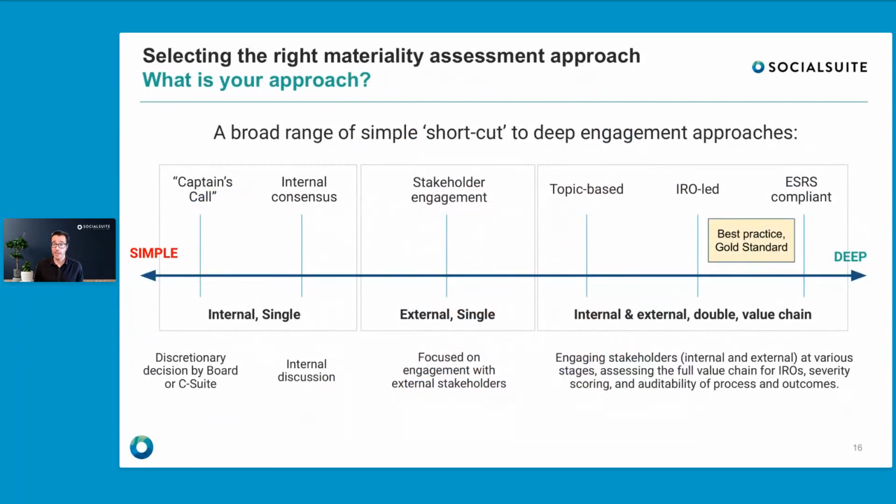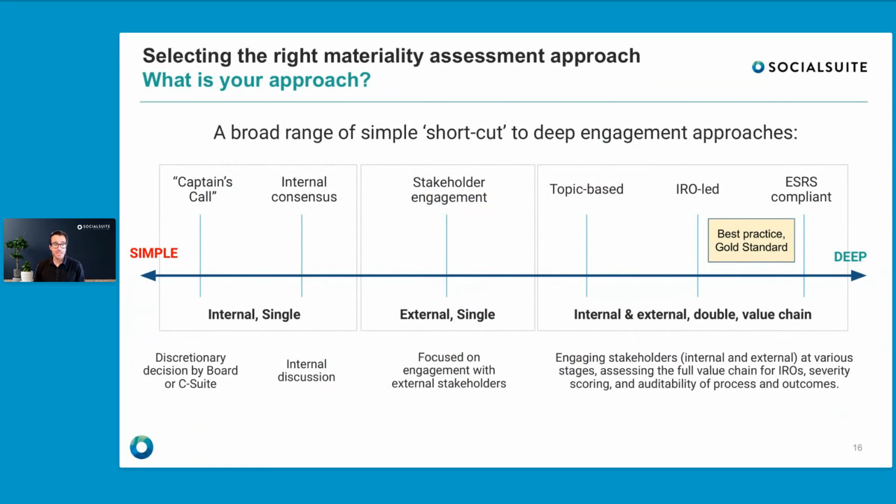Now, after the drivers, let's look at the approach. We already spoke about, if you think about approach, you might want to do a financial materiality assessment or an impact materiality assessment, or moving closer to best practice is doing that double materiality assessment, looking at both perspectives there. But there's a broad range of ways of doing that.